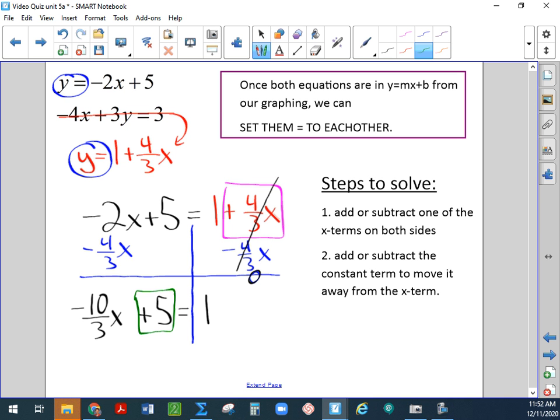So if I have a plus 5, I'm going to subtract 5 on both sides. And now I have negative 10/3 x. The positive 5 with the minus 5 becomes a 0, and the 1 minus 5 becomes negative 4.